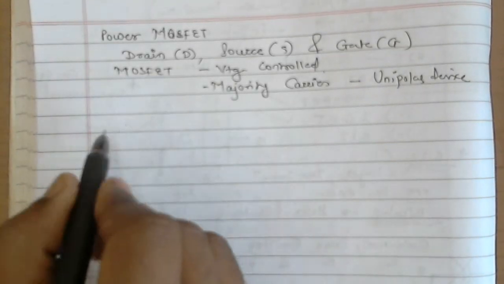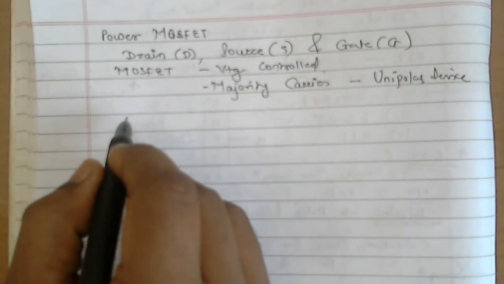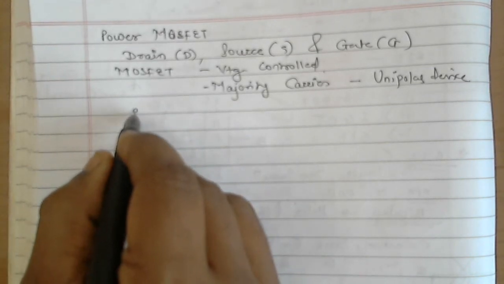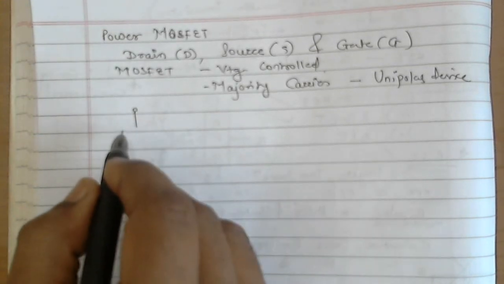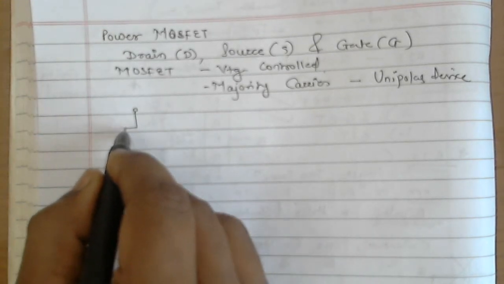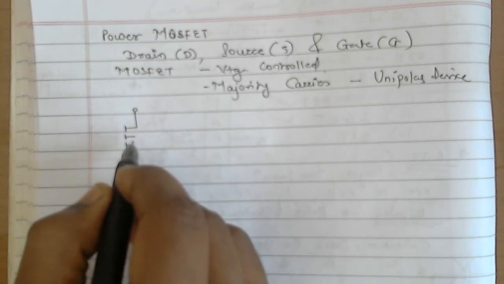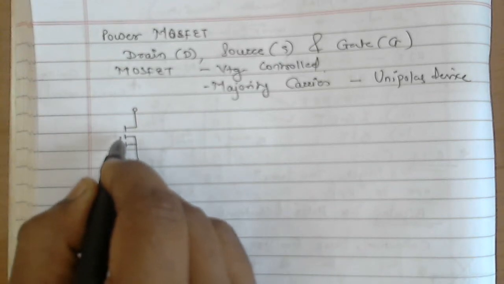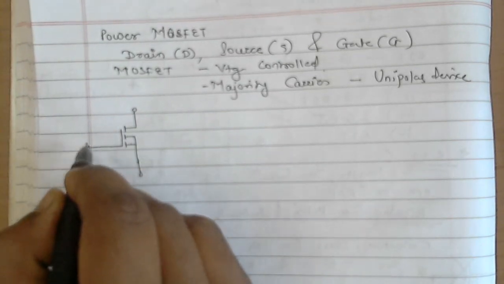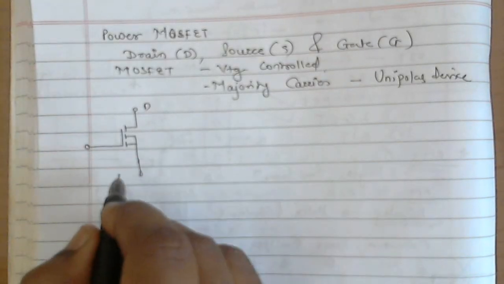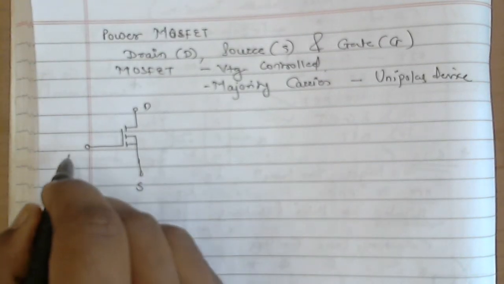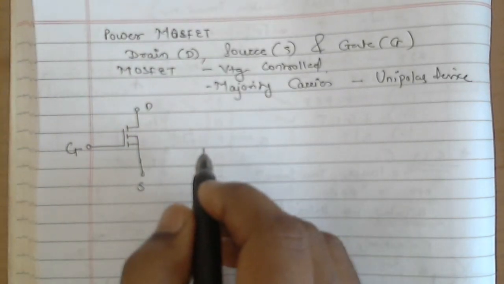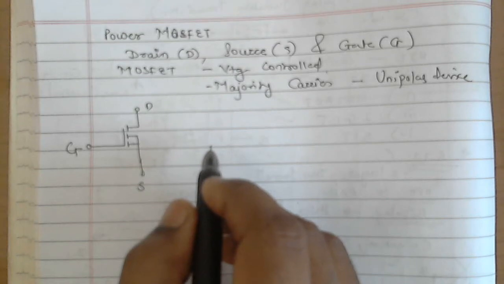MOSFET, the basic symbol of a MOSFET is this: this is drain, this is source, and this is gate. MOSFET is generally of two types, N channel and P channel.